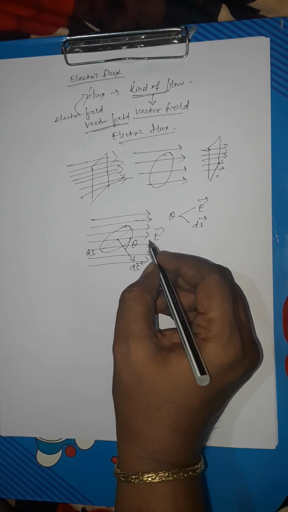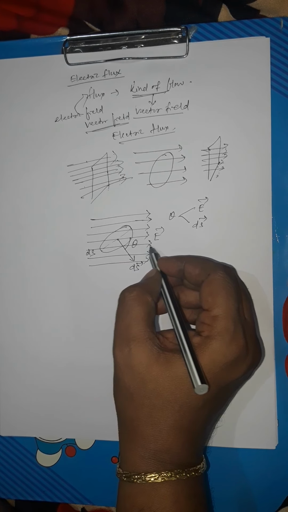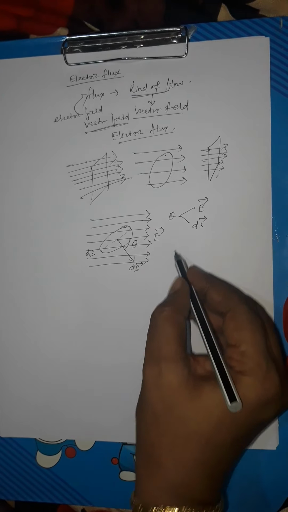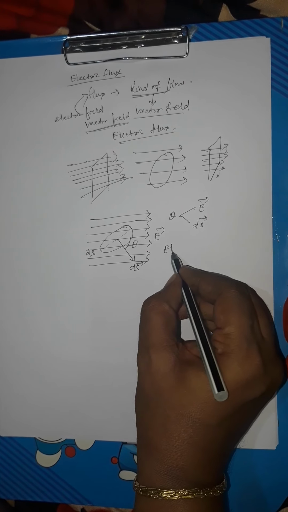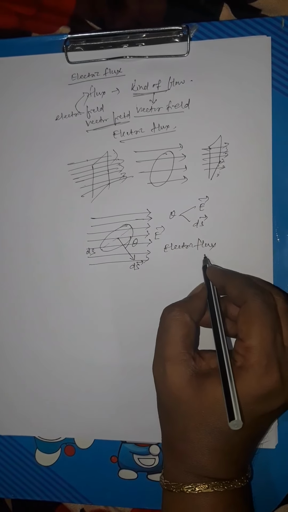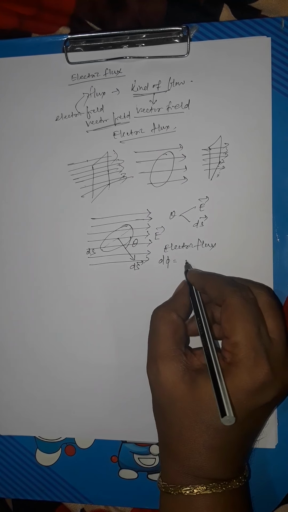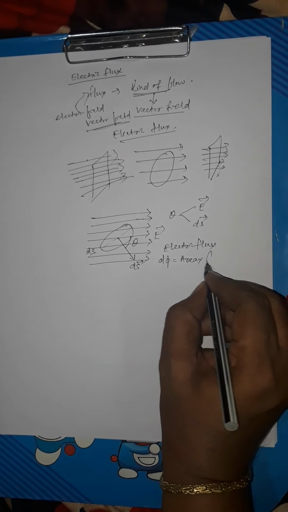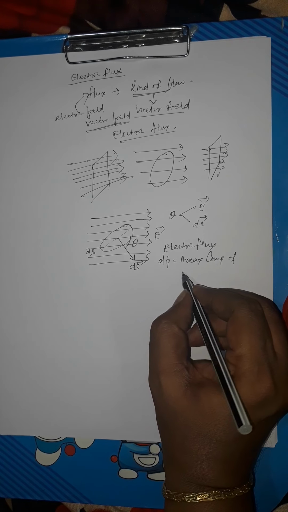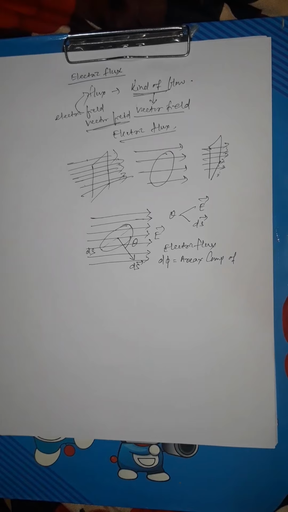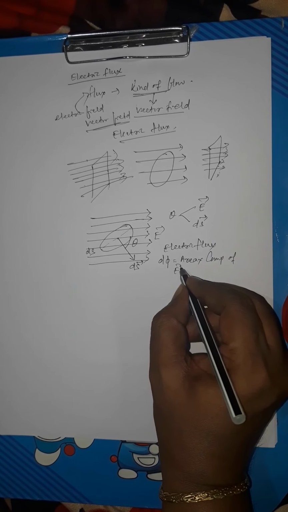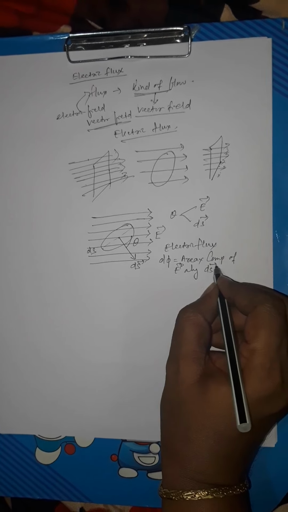Now according to this definition, the electric flux through this ds, d phi, is equal to area into the component of electric field along ds vector.